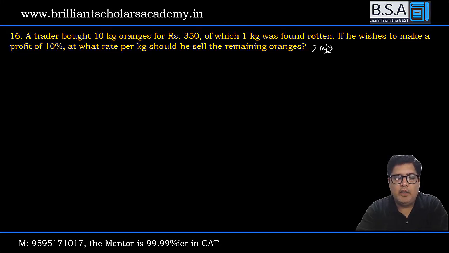A trader bought 10 kilogram oranges for rupees 350, of which 1 kilogram was found rotten. He wishes to make a profit of 10%. At what rate per kg should he sell the remaining oranges?